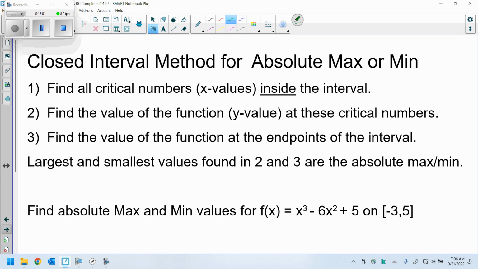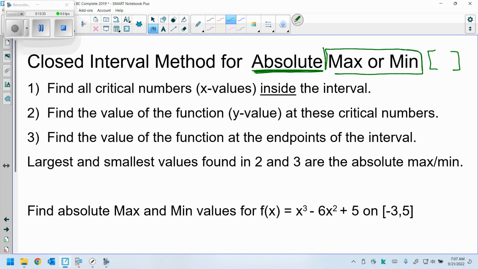Now, the closed interval method for finding an absolute max or an absolute min. Anytime you are asked to find a max or min, if you are given a domain which is a closed interval, they're asking for absolute, even though they didn't use the term. They just said, find the max or min.